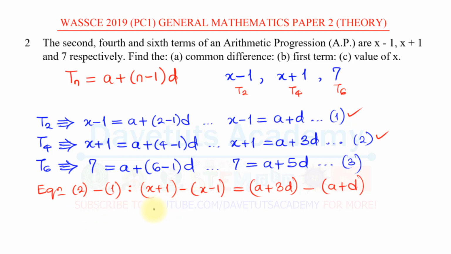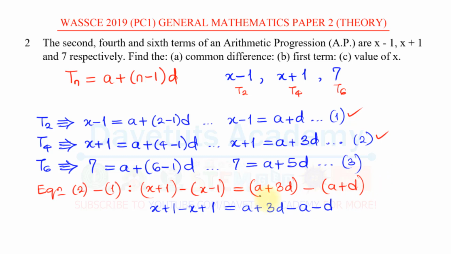So this will be x plus 1 minus x, then like I explained before, this minus times this minus become plus, so I have plus 1 is equal to a plus 3d, and if I'm to open this bracket, this will be minus a, and minus times plus will also be minus d.